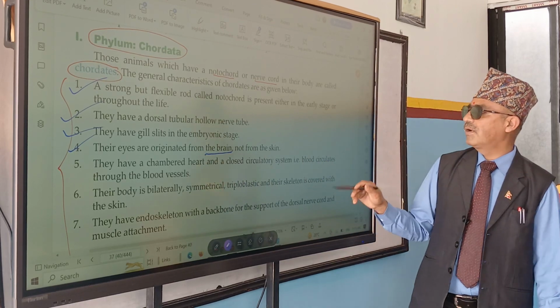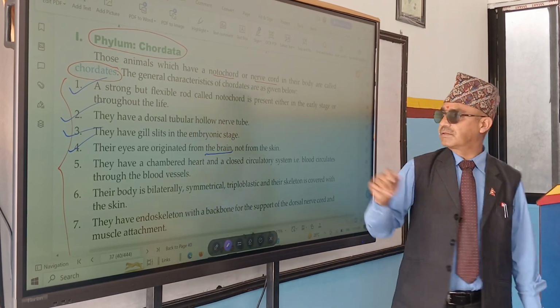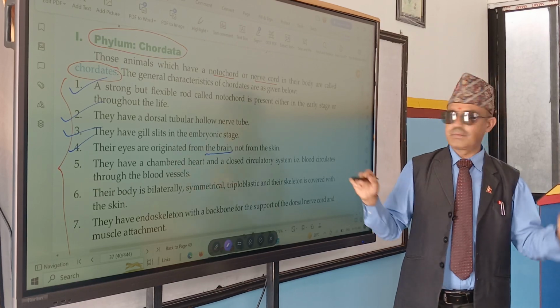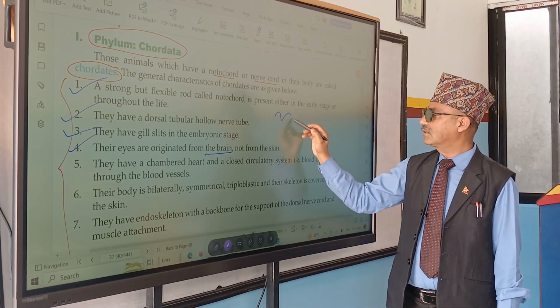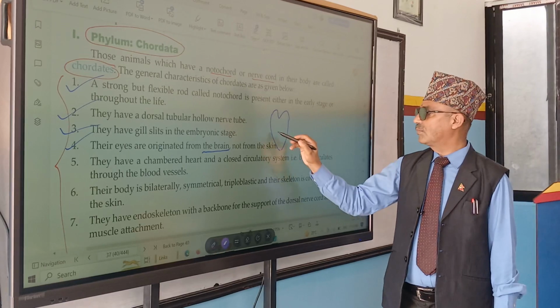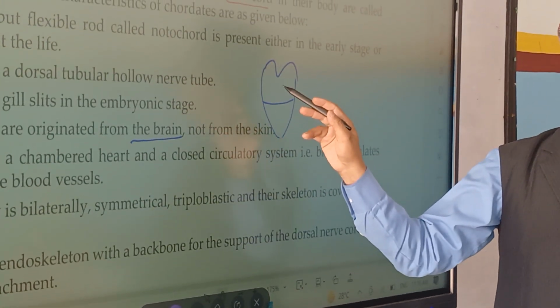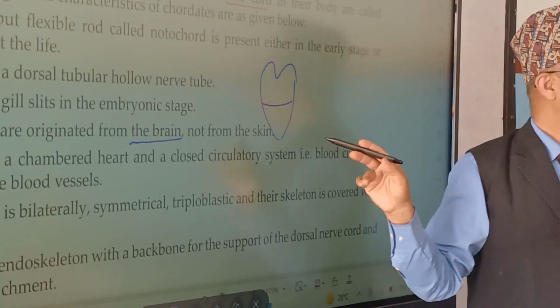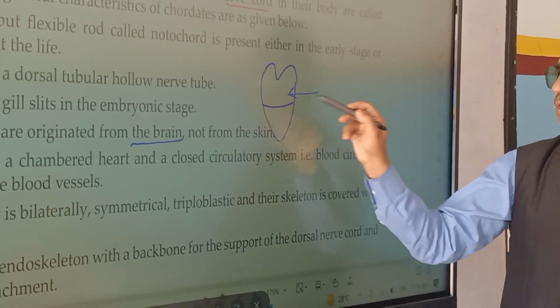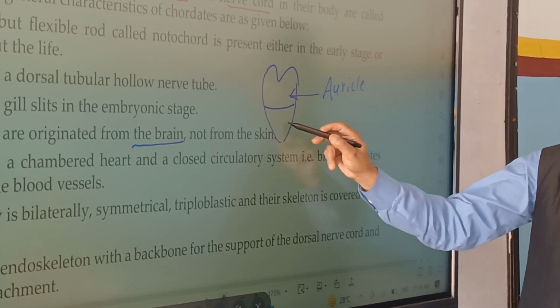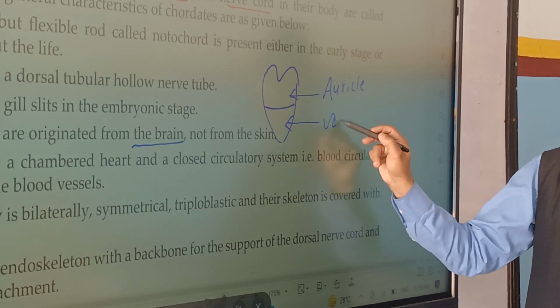They have a chambered heart. There may be 2 chambers, 3 chambers, or 4 chambers. If the heart contains 2 chambers, the upper chamber is the auricle and the lower chamber is the ventricle. A-U-R-I-C-L-E. What is this? Ventricle.